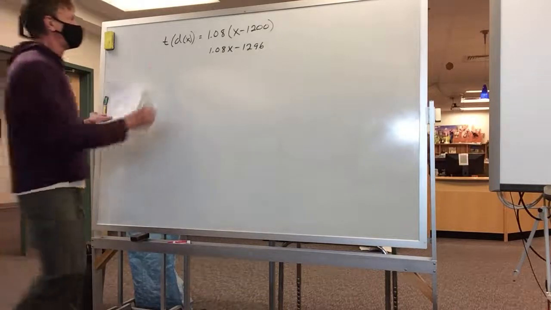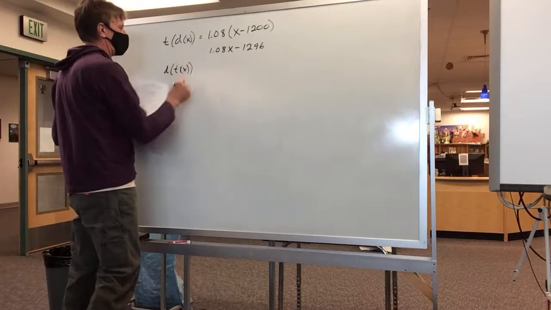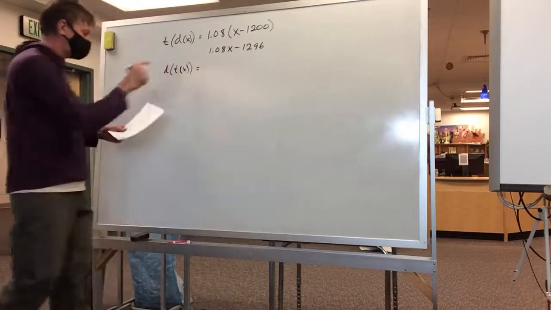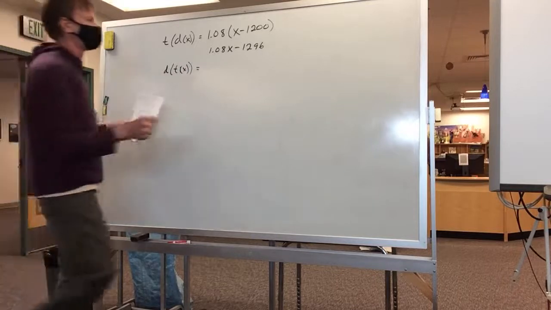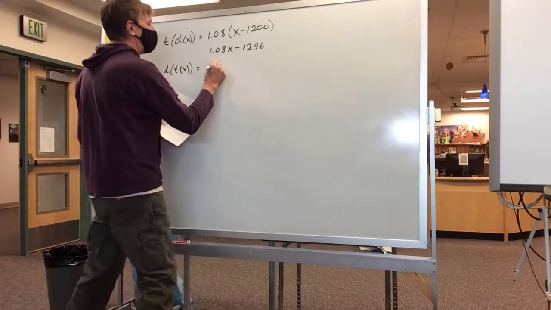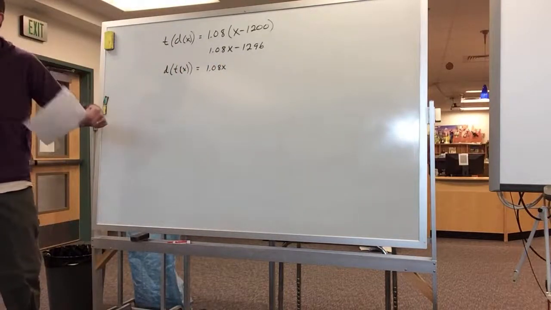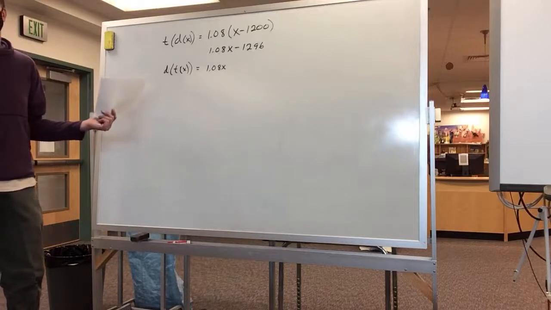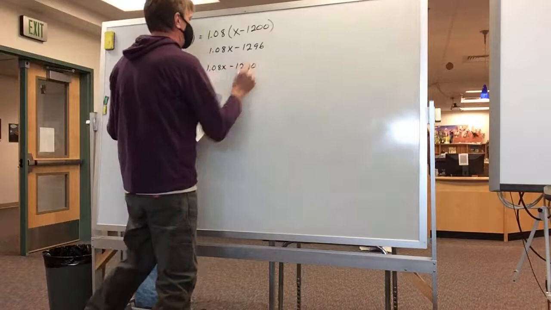Yeah, let's say you did D of T of X. Then you take the tax thing, which is 1.08x, and you're putting that into the equation which has the discount, and the discount is how much? 1200. So that would look like this.